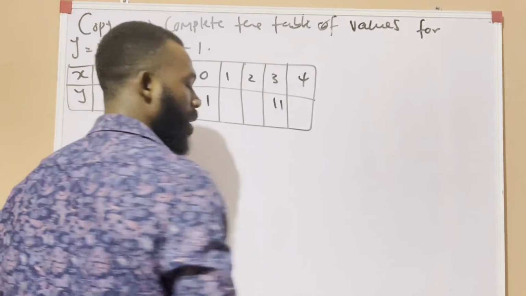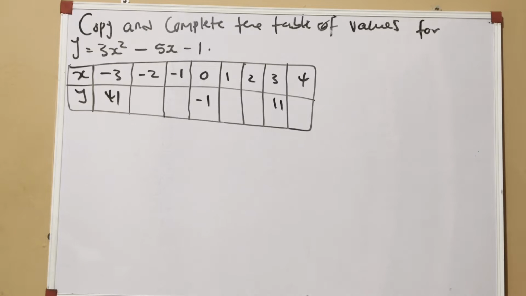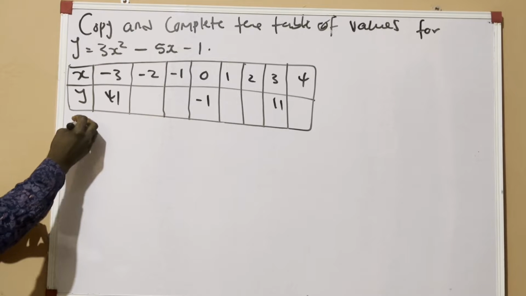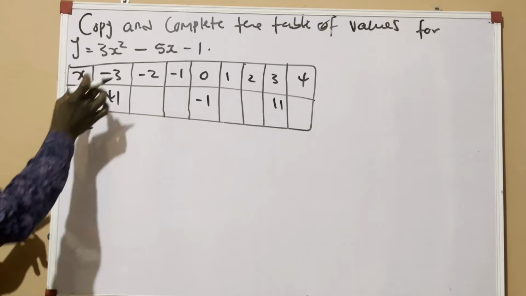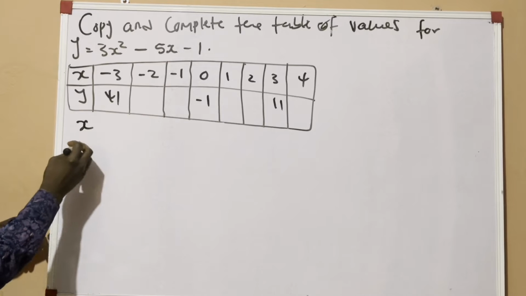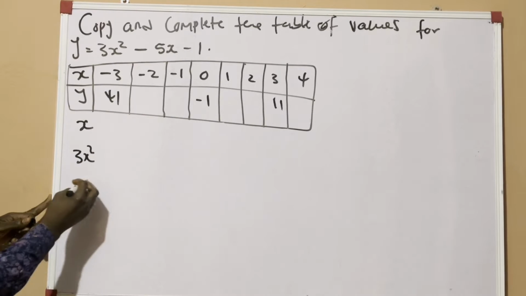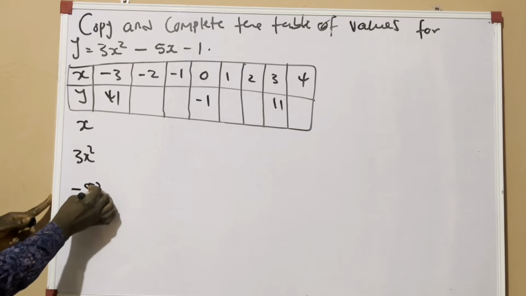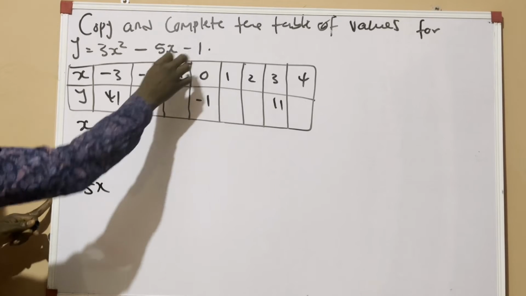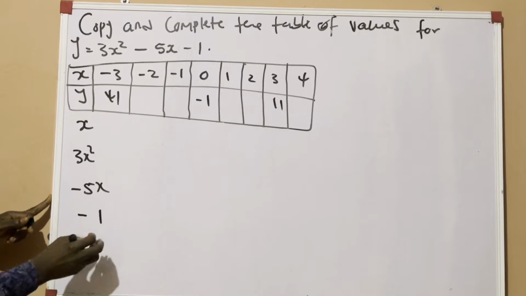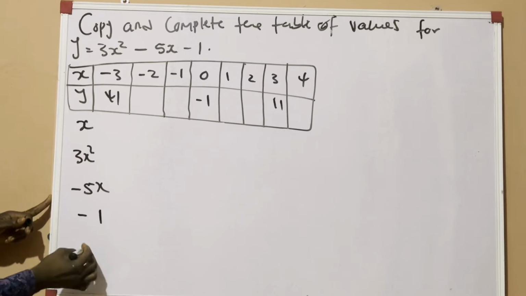Okay, how do you go about this? This is what you do when you are given a question like this to work with. First, you start with x. What we have here is 3x squared, you write it here. And what we have next is minus 5x. And what we have next is minus 1, and then you will end with y.